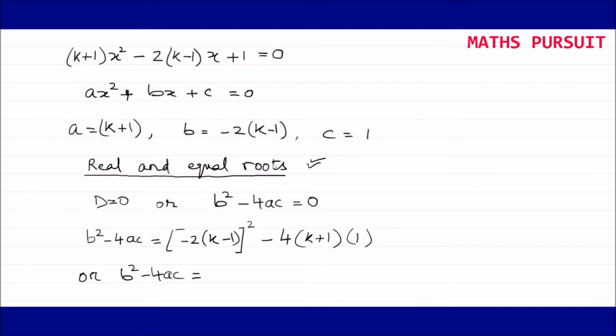Guys, I'm trying to solve this equation, so let me solve -2(k - 1) inside the bracket first. This will become -2k + 2, to the power 2, minus 4(k + 1).